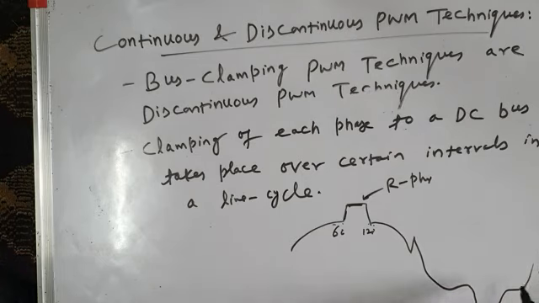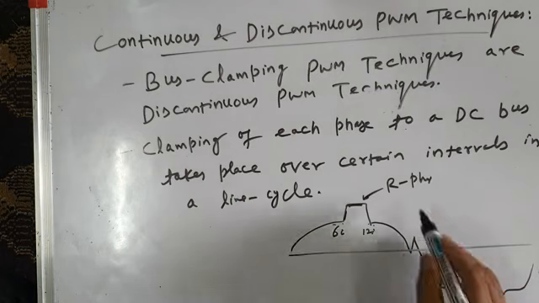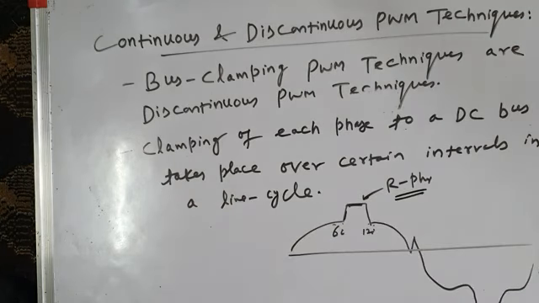And in the negative half cycle of this line cycle, your phase leg R phase gets clamped to the negative DC bus, again over a period of time, say from 270 degrees to 330 degrees. It gets clamped to the negative DC bus like this.